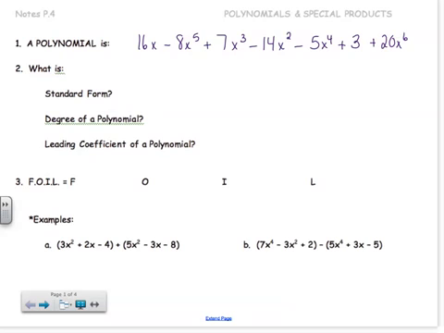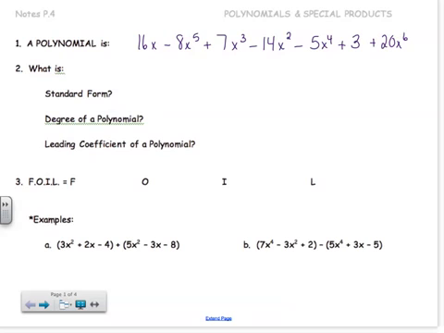Now, when we talk about certain things, like in part 2 where it talks about standard form, the degree, and the leading coefficient, in order to answer the degree and the leading coefficient, you have to be in standard form. So standard form is whenever your terms are written so that the exponents are in descending order.